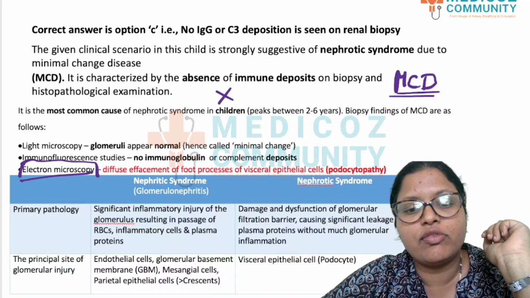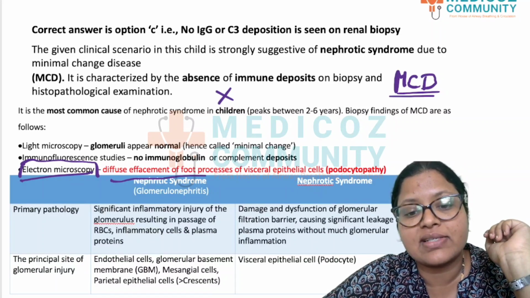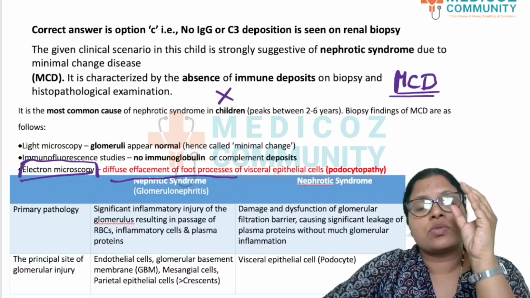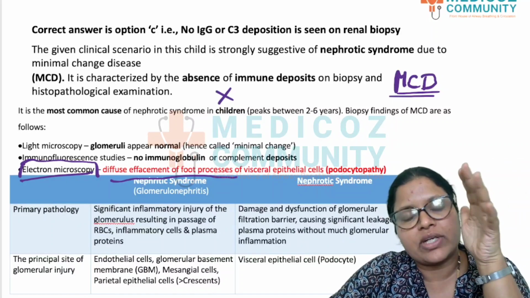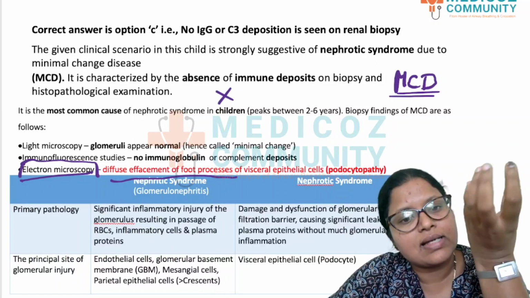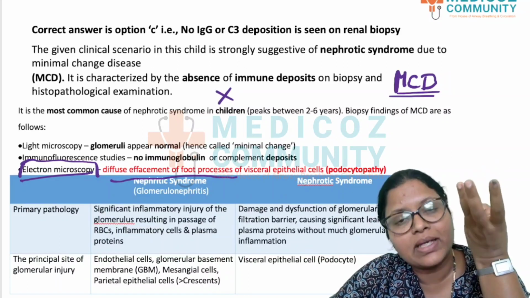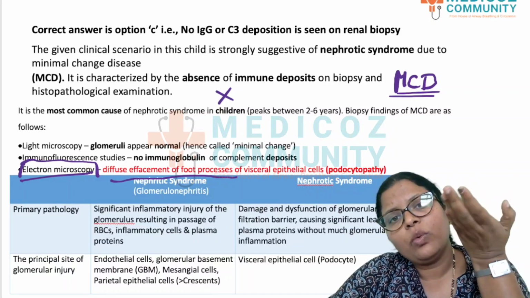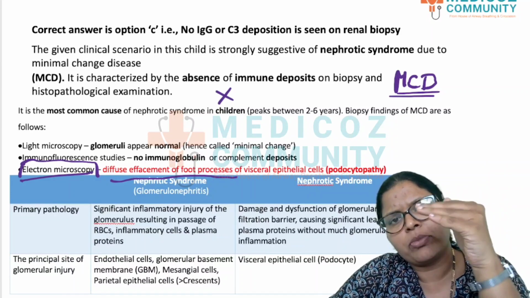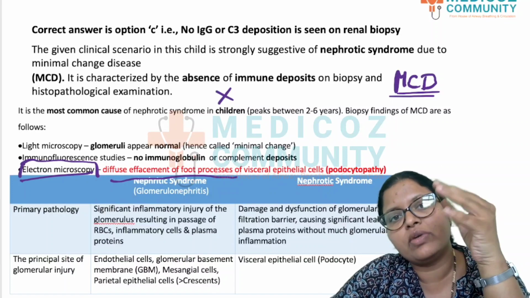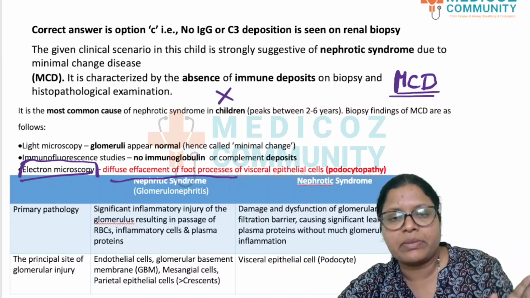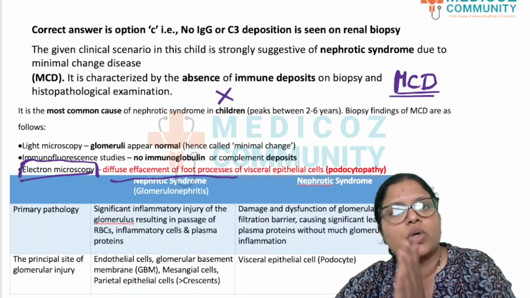You see diffuse effacement of podocytes. Students, whenever we talk about glomerulonephritis, the examiner will always ask you or give you pictures of light microscopy, immunofluorescence, electron microscopy. When we do each glomerulonephritis, each subtype, we will also make a table and tell what is seen in light microscopy, what are the EM changes, and what are the IF changes.